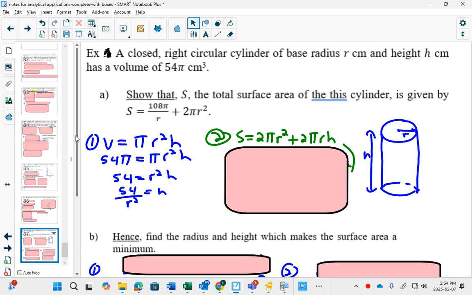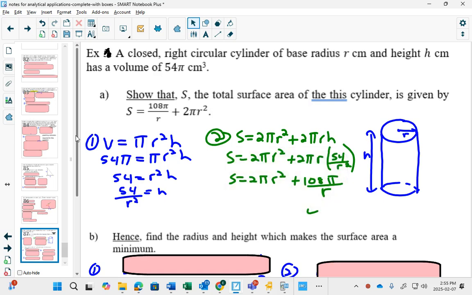Each time you get a question that requires a formula, ask yourself if you have to look up the formula or if you've already got it memorized. And then we can substitute in. We have our equation only in terms of the variable r.